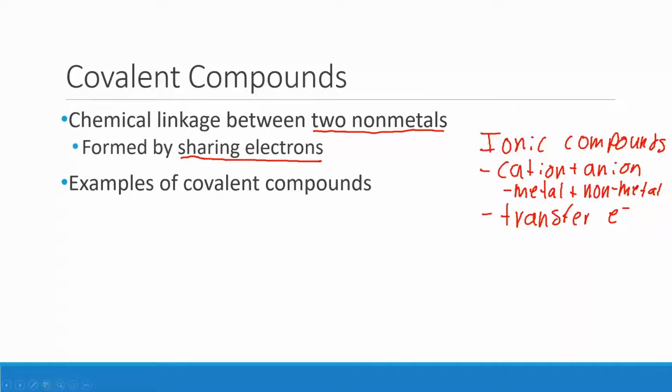To look at some examples of some covalent compounds, we have first up hydrogen gas. Hydrogen is obviously a nonmetal, so when you connect two hydrogens together, it'll be a covalent compound. A very similar looking structure, bromine. Bromine is a nonmetal, and so when you connect two bromines together, it will form a covalent compound. This is something known as carbon monoxide.